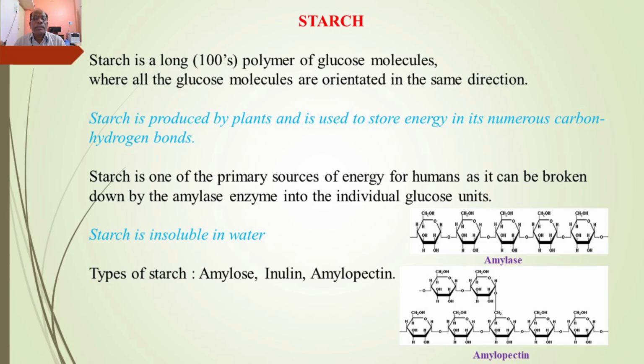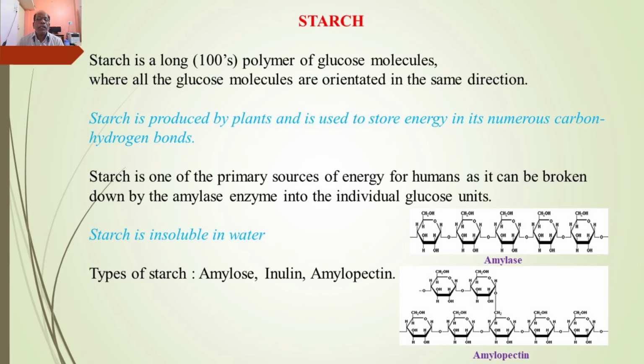In the figure we can see two types of starch, amylose and amylopectin. Amylose is a type of starch containing a linear chain of glucose molecules.